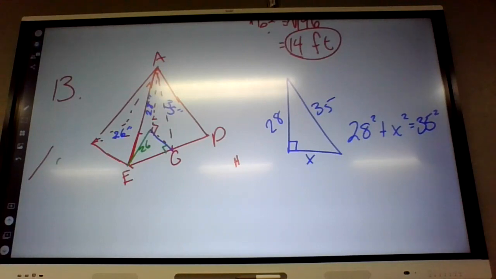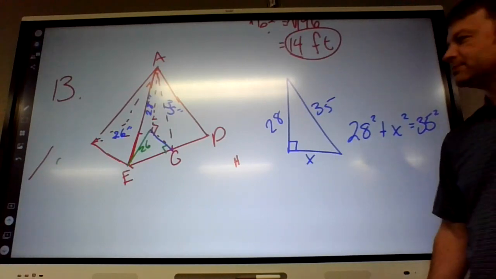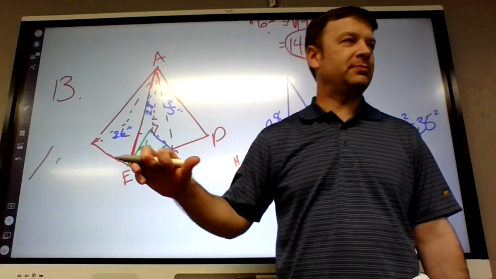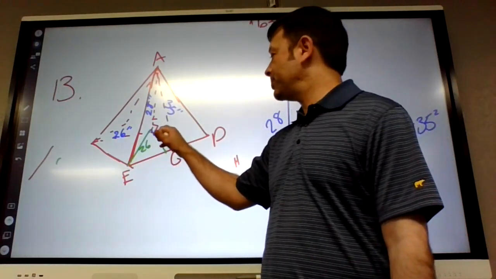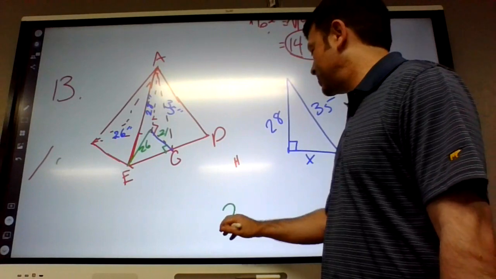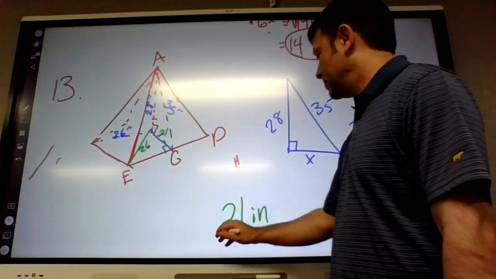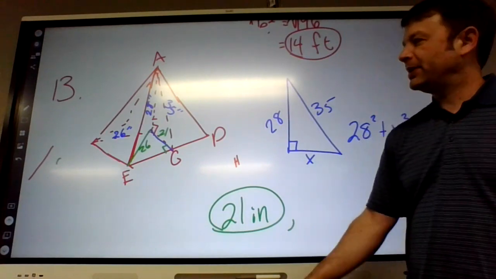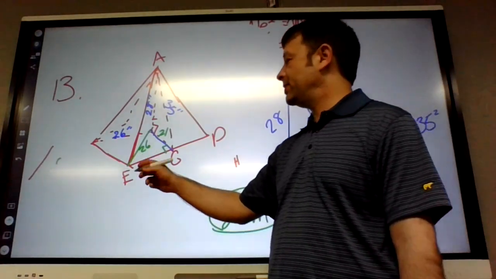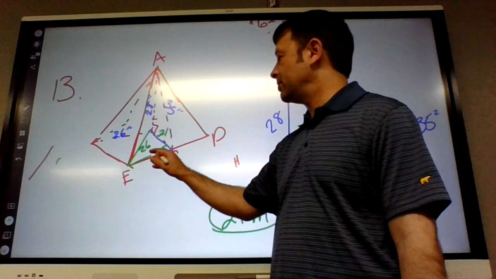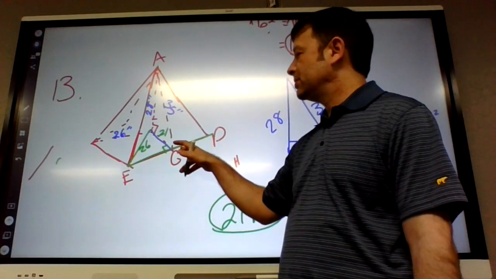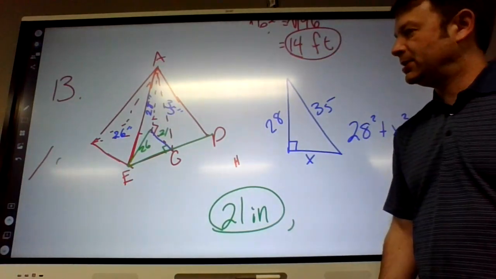Alright, what'd you guys get? Don't tell me nobody did it. 21. Okay, 21. That is the first answer, 21 inches. That's the apothem. But they asked another question, and that was to find the length of one of the edges of the base. Like, how long is ED?